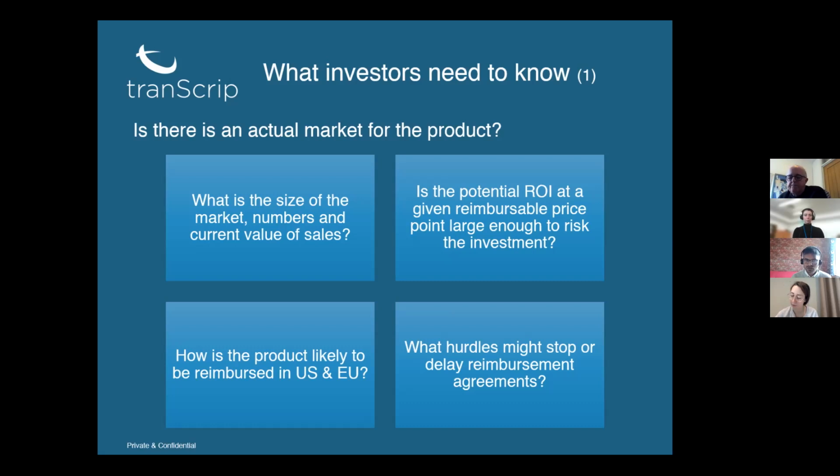Okay. So in that case, what I have not understood sometimes is what is the definition of first in class? Is it the one that addresses the specific target, or is it the one that addresses the indication? If you see what I mean, the difference.